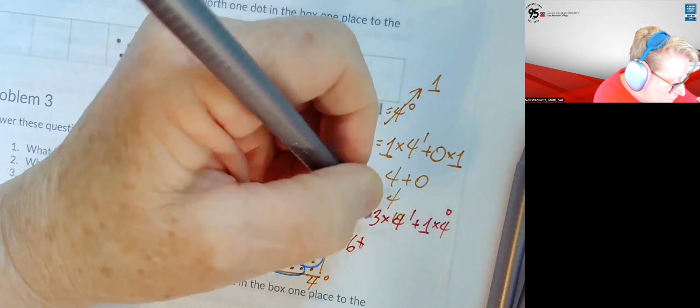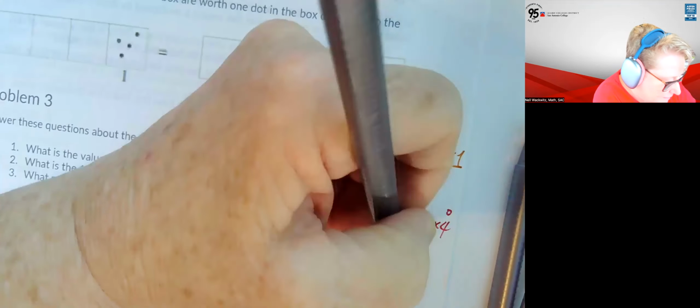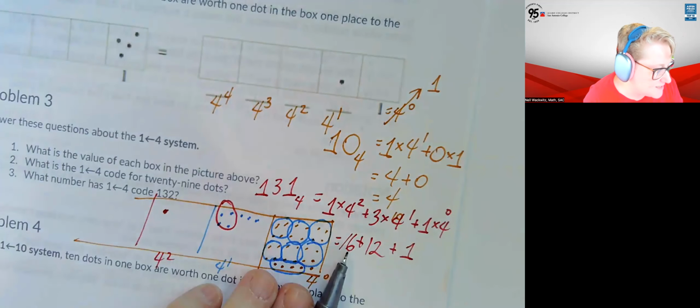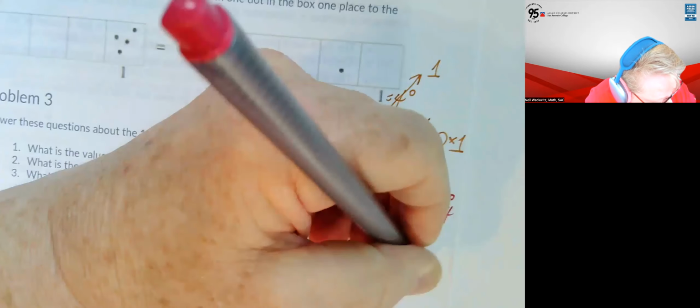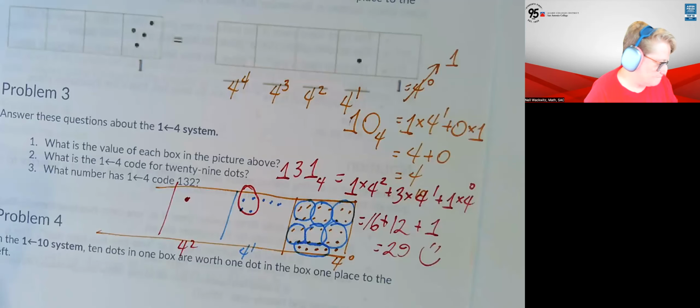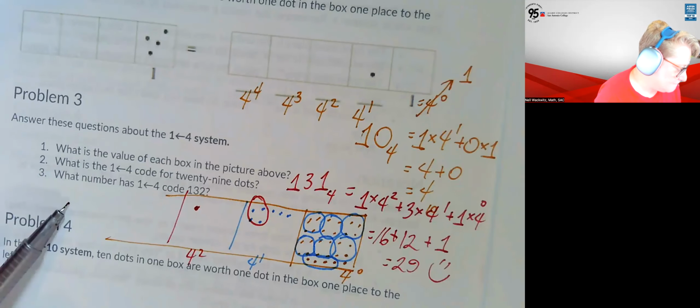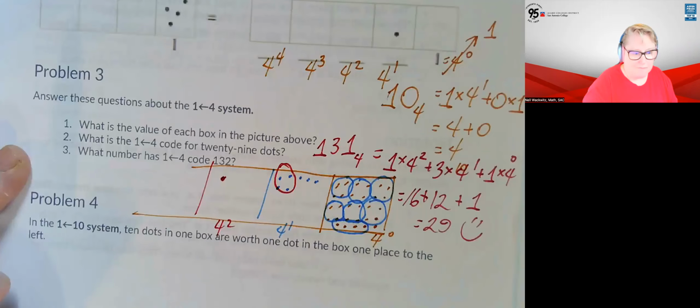So we have 1 16s. We have 3 4s. That's 12. And we have 1 1s. Let's see. 16 and 12 are 28. Plus 1 is 29. Yay. Okay, great.